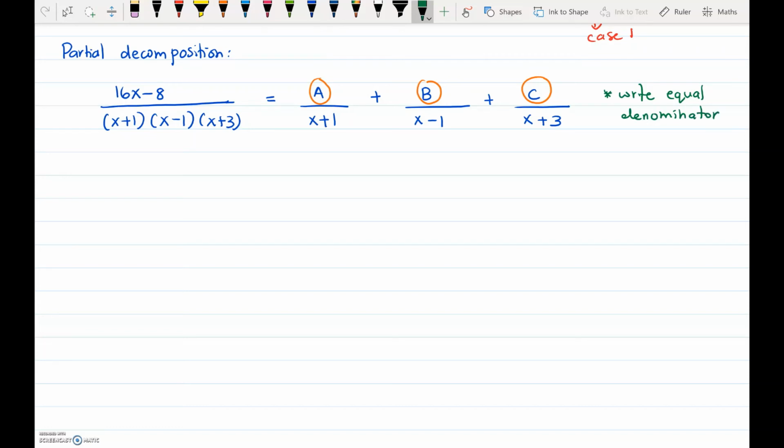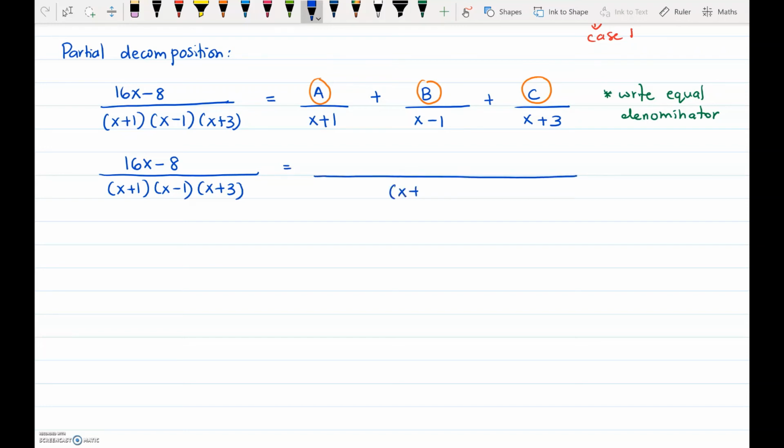Okay, so now we will get (16x - 8) / ((x + 1)(x - 1)(x + 3)) equals, with the same denominator here, (x + 1)(x - 1)(x + 3).